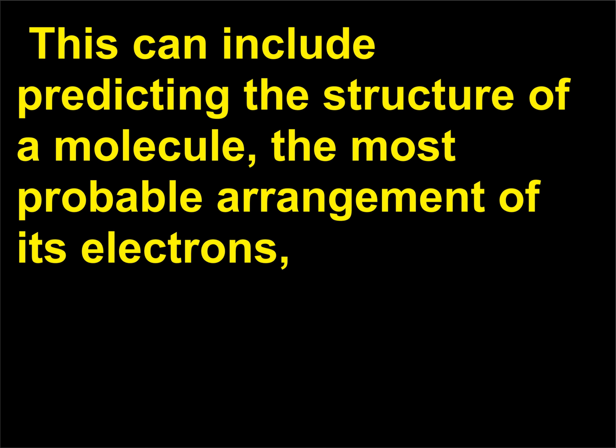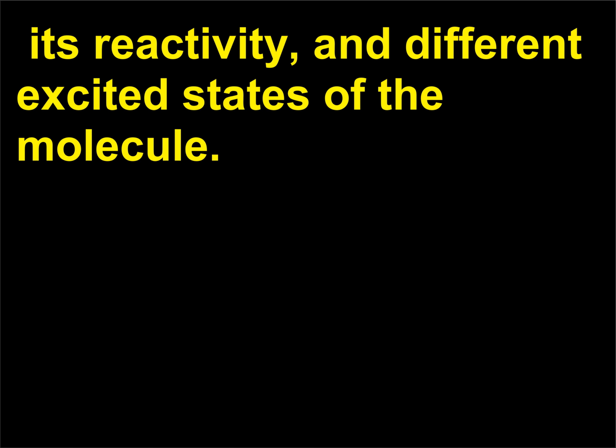This can include predicting the structure of a molecule, the most probable arrangement of its electrons, its reactivity, and different excited states of the molecule. For reasons we won't go into, this is not an easy task.